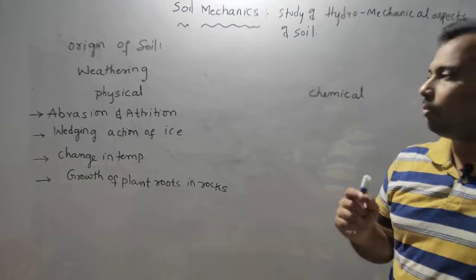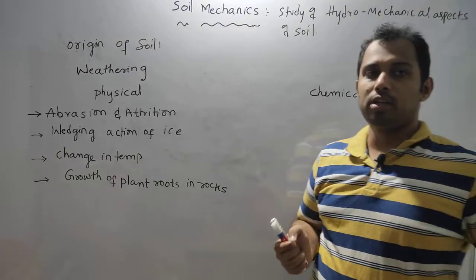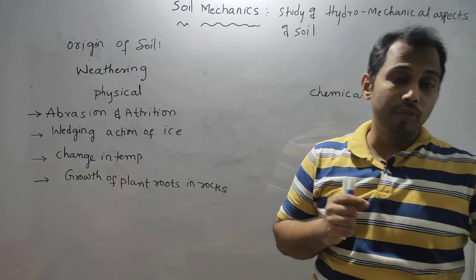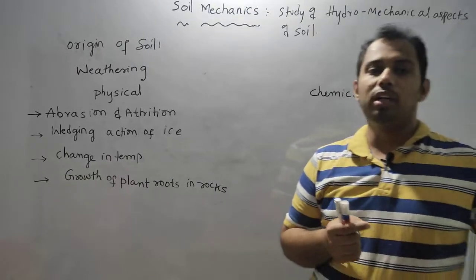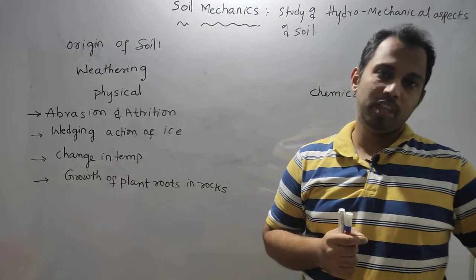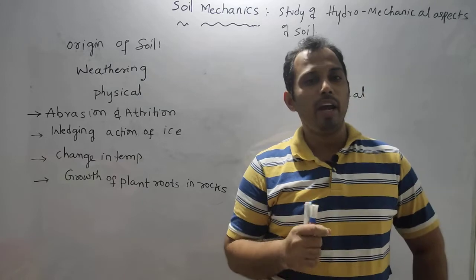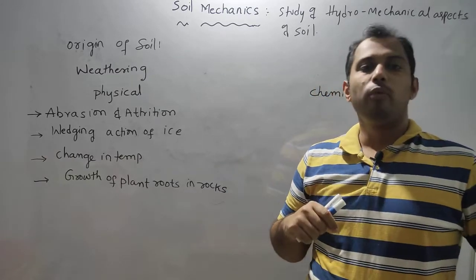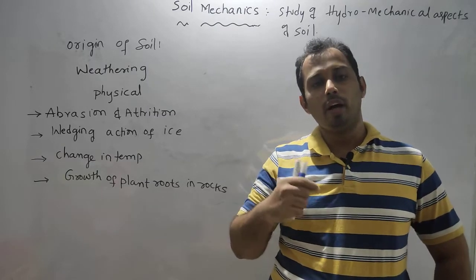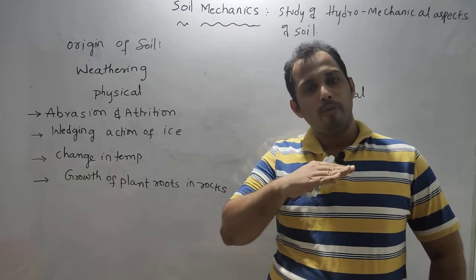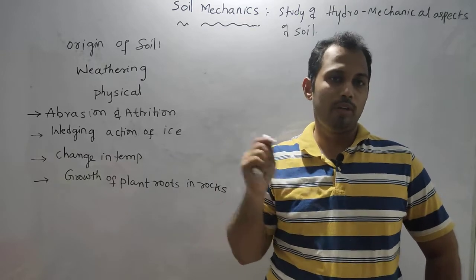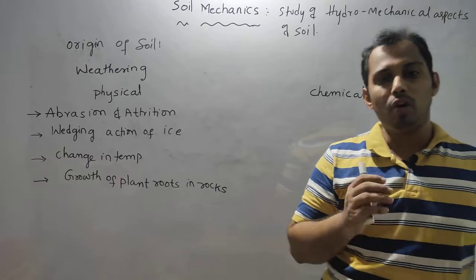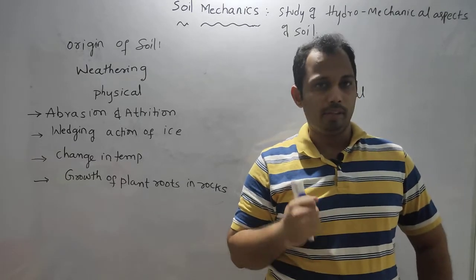Let us understand one by one. Abrasion and attrition. See, you must know the difference between abrasion and attrition. Sometimes in interviews, they may ask you what is the difference between abrasion and attrition. See, abrasion means wear and tear between two different compounds. When the wind or water is wearing and tearing continuously any rock, that is abrasion.